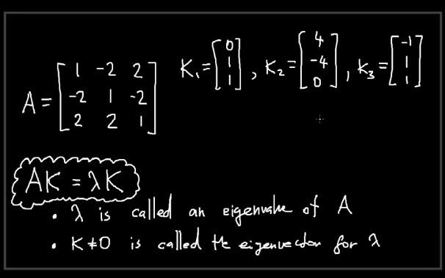Note that if there is a value of lambda that fulfills the equation for a given K, then that lambda will be unique. If you have two different lambdas, lambda 1 and lambda 2, with lambda 1 K and lambda 2 K both equal to A K, then since K is not allowed to be a zero vector, lambda 1 and lambda 2 must be equal to each other.